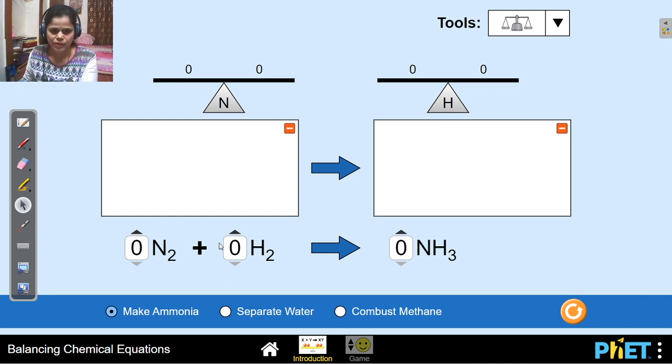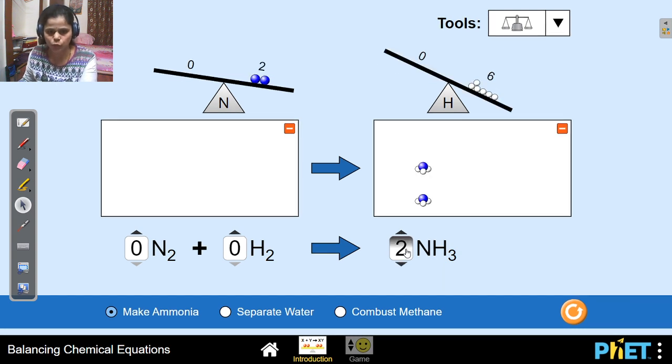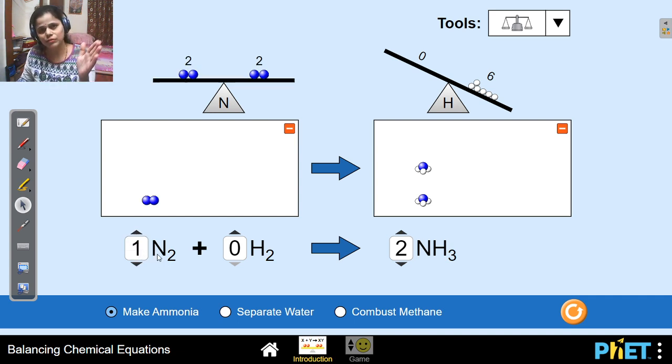Okay, if we multiply by 2, that means the number of atoms of nitrogen is 2 here, and if we put 1 here, the number of nitrogen on the reactant side is 1 into 2, that means 2, and 2 into 1 equals 2.